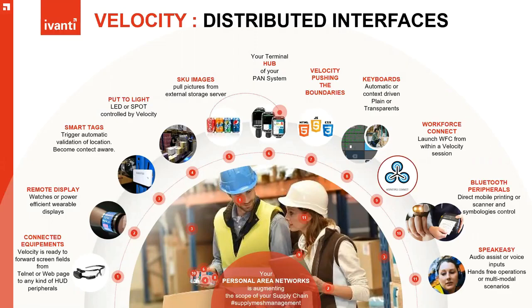Some partners have also integrated Velocity to control robots in the warehouse through these APIs that we've developed in the Velocity scripting engine. So really what's happening here is Velocity becomes the central point, and then it's interfacing with all of these different applications or processes or devices or peripherals in the warehouse.